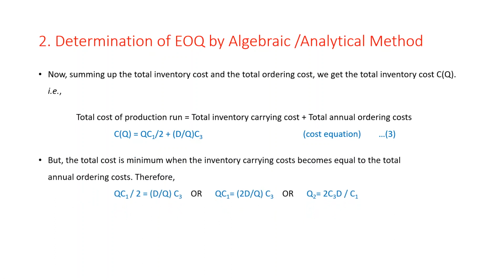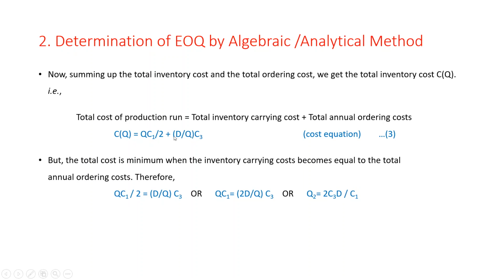But here the total cost is the minimum when the inventory carrying cost becomes equal to the total annual ordering cost. So the carrying cost is equal to the annual ordering cost.